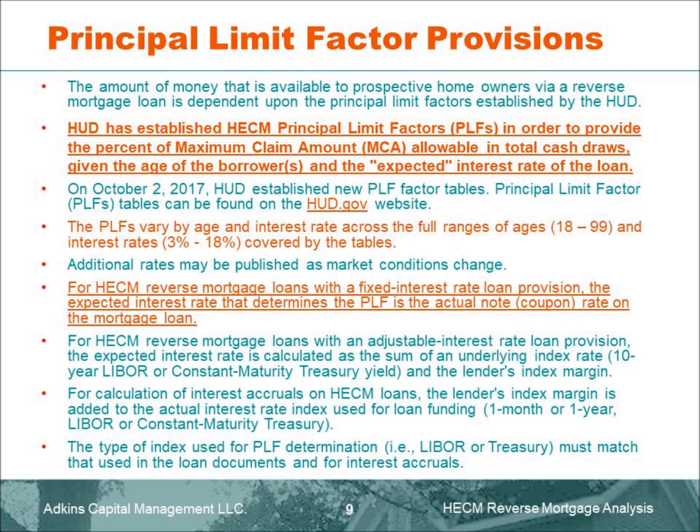For HECM reverse mortgage loans with an adjustable interest rate loan provision, the expected interest rate is calculated as the sum of an underlying index rate and the lender's index margin. For calculation of interest accruals on HECM loans, the lender's index margin is added to the actual interest rate index used for loan funding. The type of index used for PLF determination must match that used in the loan documents and for interest accruals.